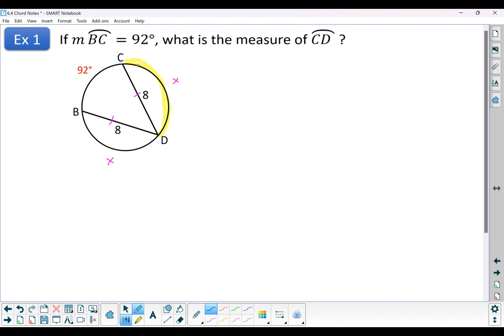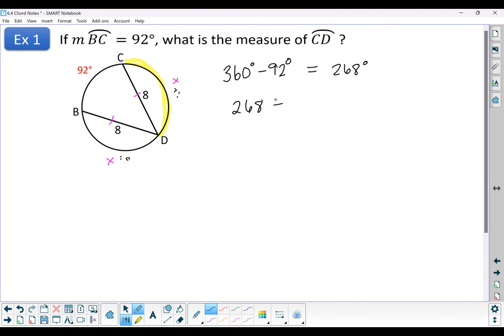To figure out the measure of arc CD, we're going to start with the fact that an entire circle is 360 degrees. We subtract the arc that is 92 degrees, which leaves us with 268. Now we can see that the rest of the circle is broken into these two arcs that are equal to each other.